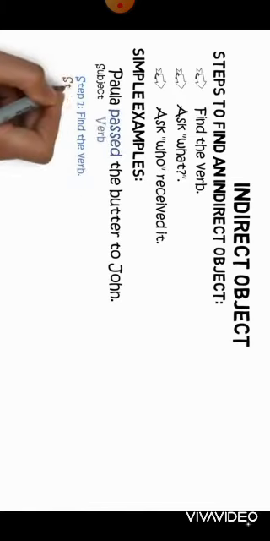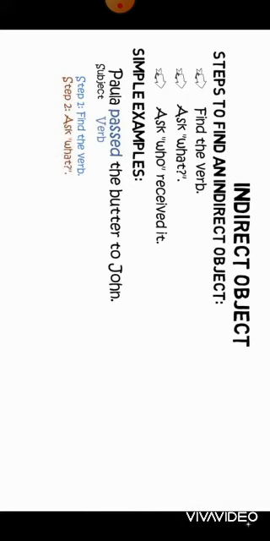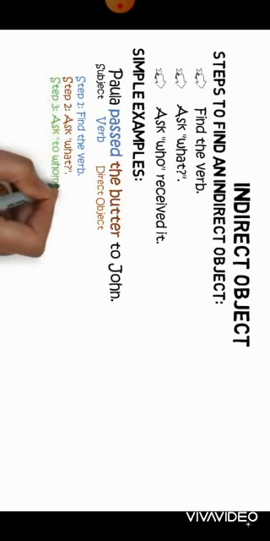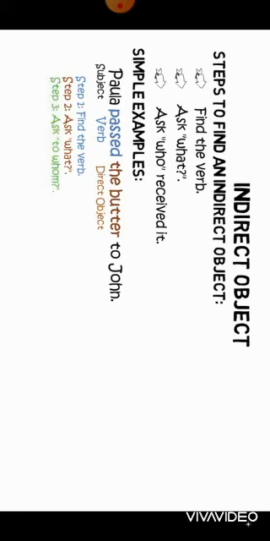Here's a simple example. Paula passed the butter to John. Paula is the subject, so we'll find the verb, and the verb is past. Next, ask what. Remember, that gives us the direct object, pass the butter. And then ask to whom, and that gives us to John. So John is the indirect object.